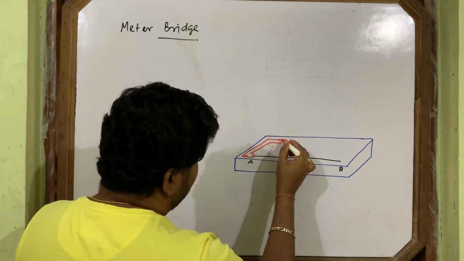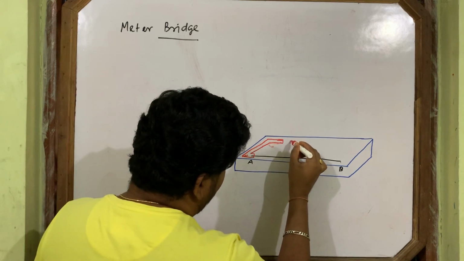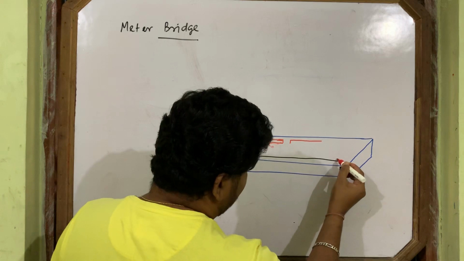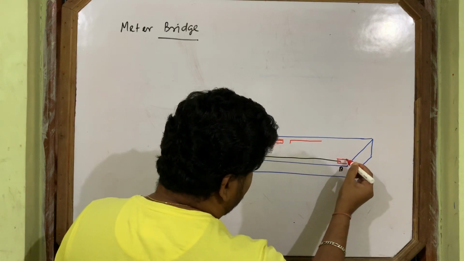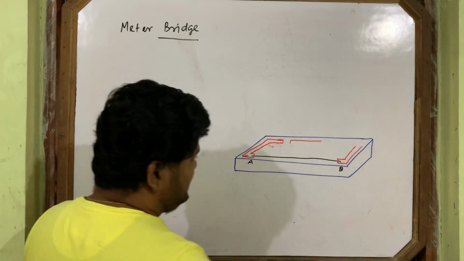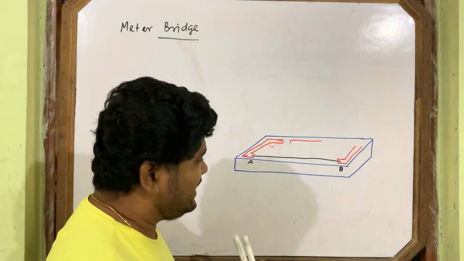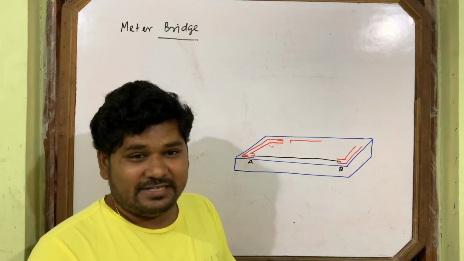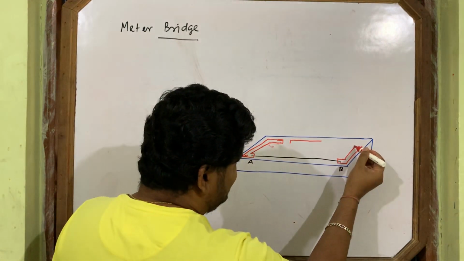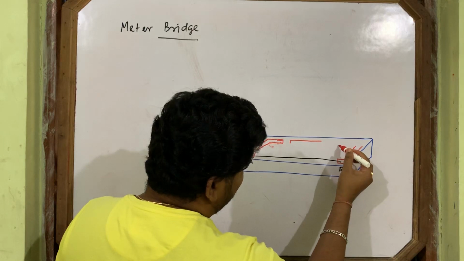One gap we will find here. Then on this side also, thick copper strips are connected. I'm trying to make as good a 3D diagram as possible so that you can understand, because I am unable to show the meter bridge here.